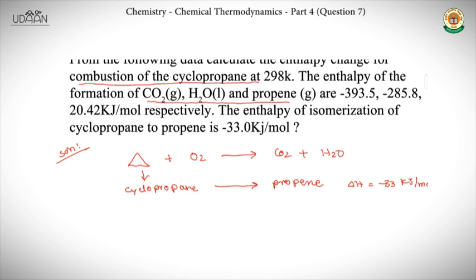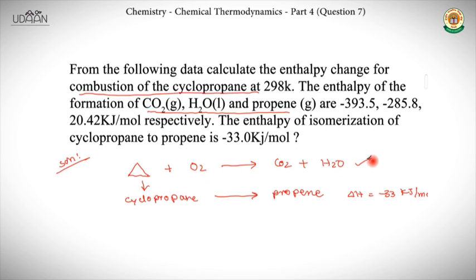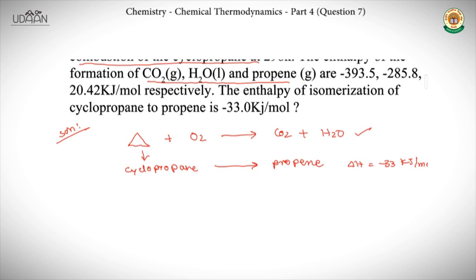And we need to find this one. Propene when burned in presence of oxygen gives carbon dioxide plus water. Balance it, here we get 9/2 oxygen.